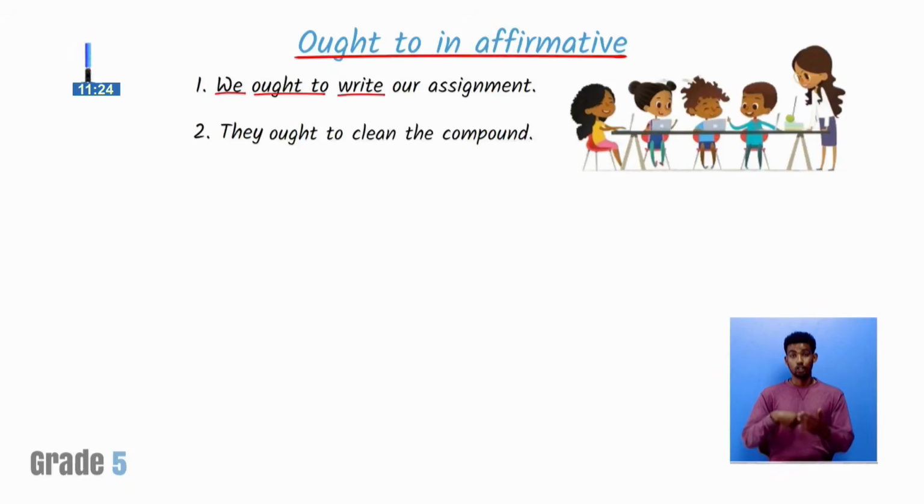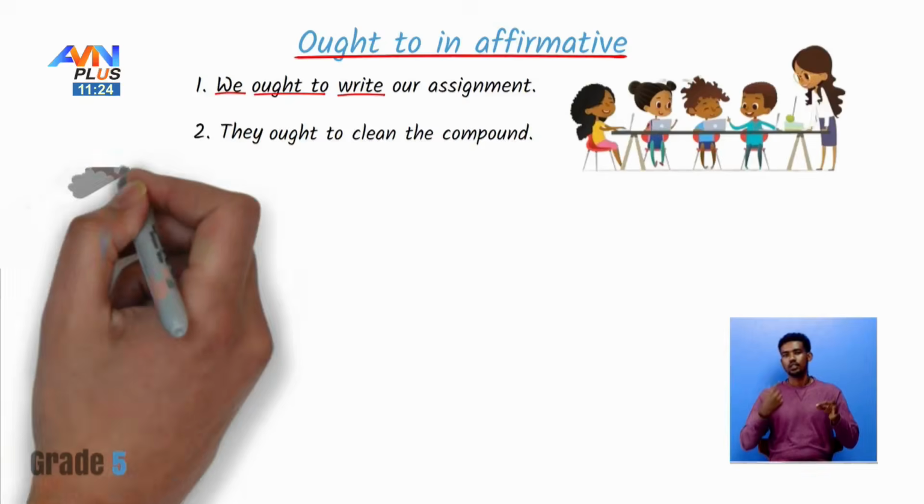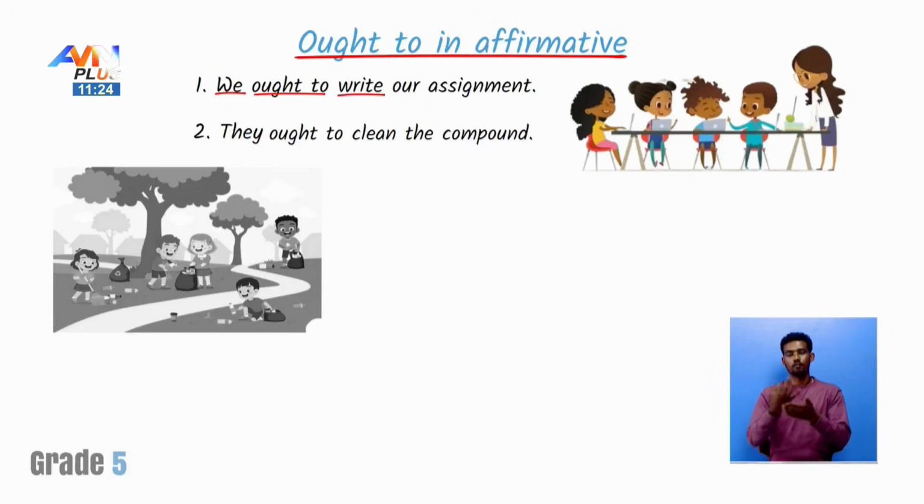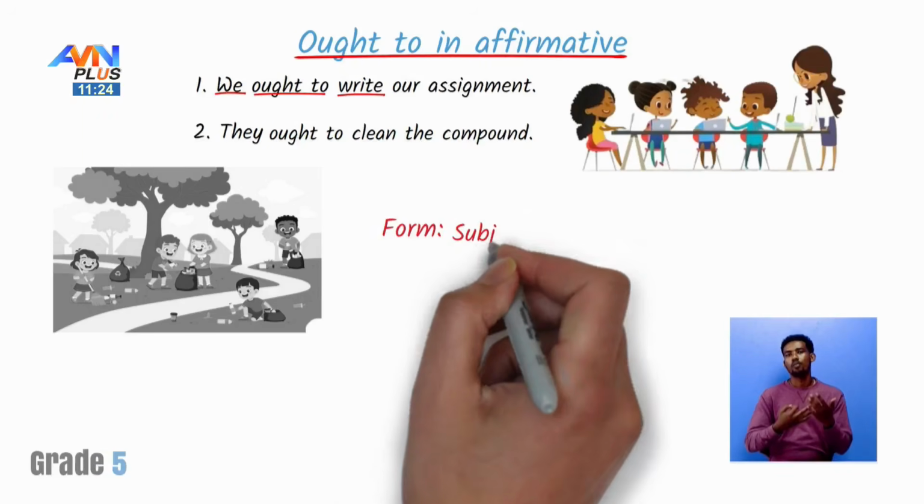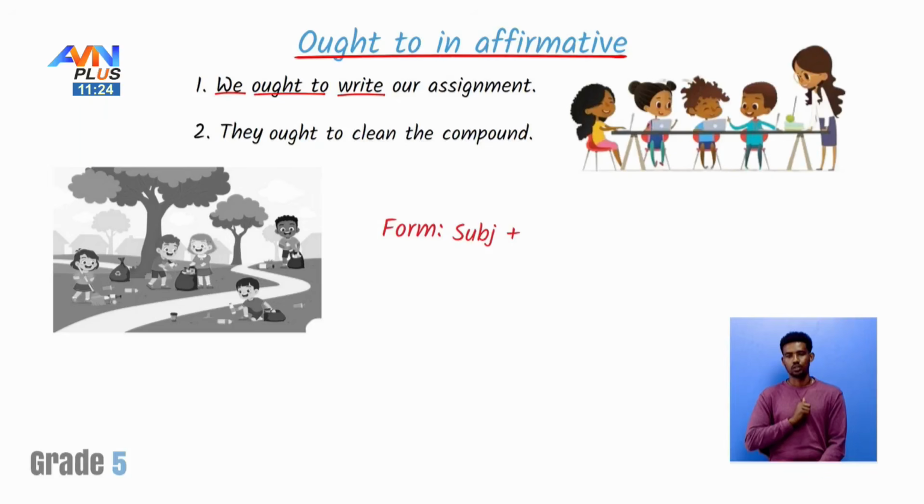So, from this sentence, we can derive the form. Can you derive it? Students, please tell your parents, parents, please let them write the form of ought to in affirmative. You have 10 seconds. Bravo. I hope you did it. What is the form? Look, here's the subject.